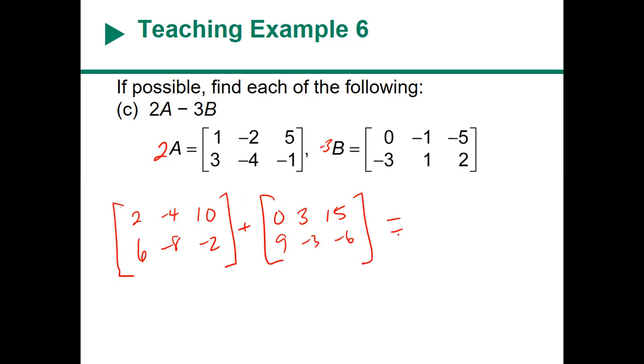And now I'm going to combine. Because I multiplied by the negative, I've already handled the subtraction. Right? So now we're going to combine. 2 plus 0 is 2.